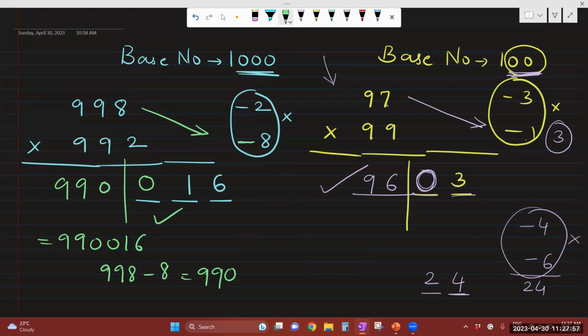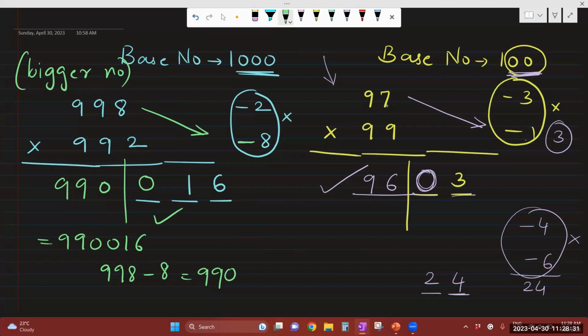When the digits are bigger, like 9, 9, 8, when you multiply it with any other, in a crosswise way also, the digits become bigger, and then you have to carry over them, and then you have to add them, right? Smaller digits, we don't have that much carryover, and you can also add it orally. So this method especially is very convenient for you when the numbers are big, like 998, 992.